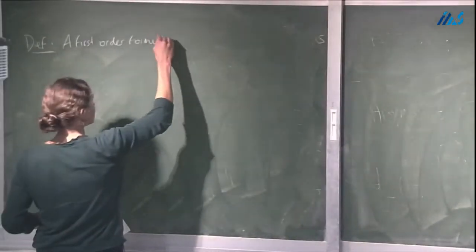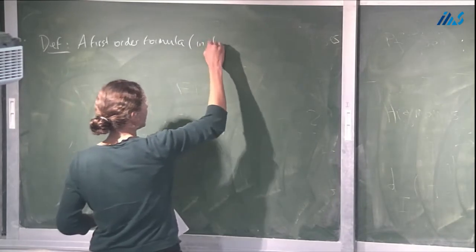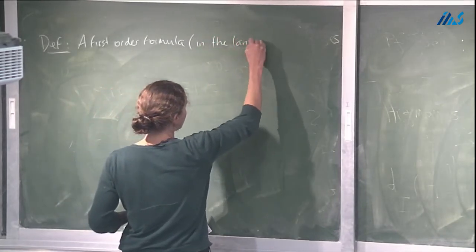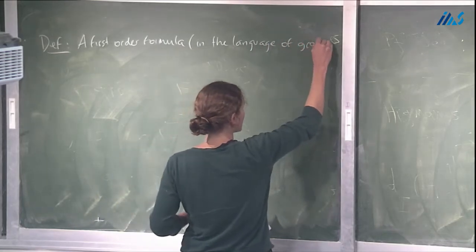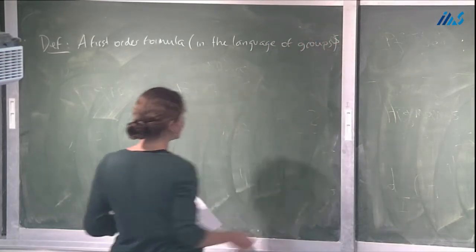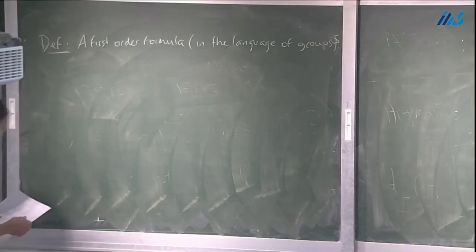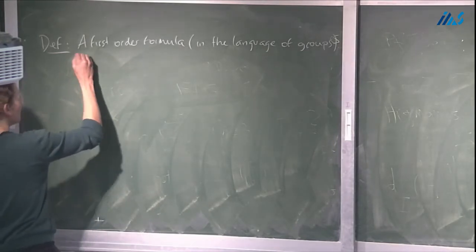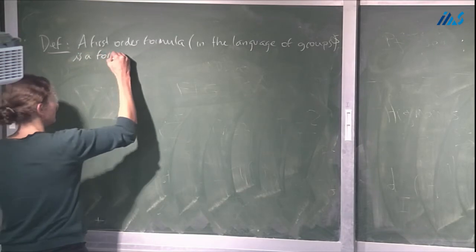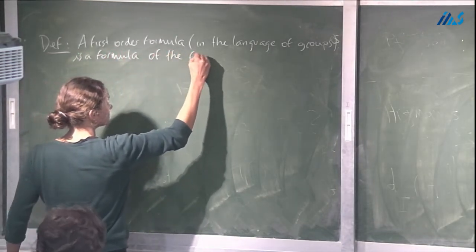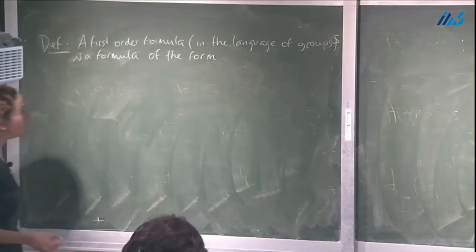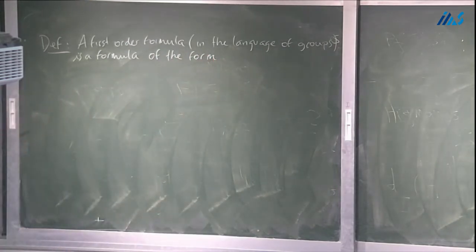So, a first-order formula, so I will say in the language of groups, because of course it's much more general than this, but we will only stay in that language. So what can be a first-order formula?